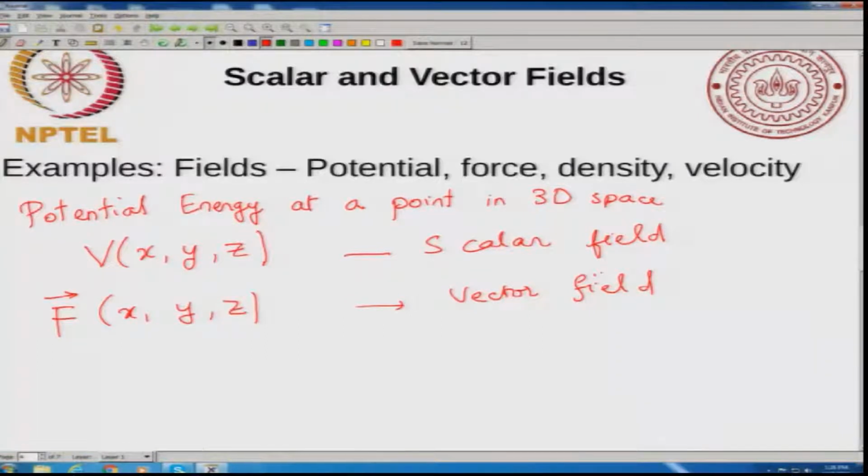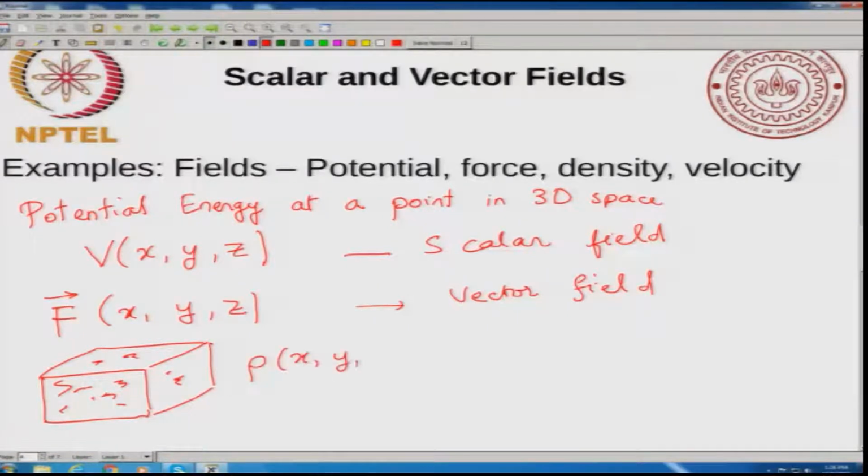Now, one very common example that you learn in statistical mechanics is you might consider a box. You might consider a system where you have a lot of particles. Let us say it might be a fluid system, or it might be a system of gases. So, you have a lot of particles, and the density is not the same everywhere. So, the density rho is a function of x, y, z.